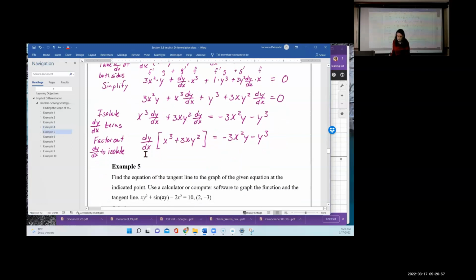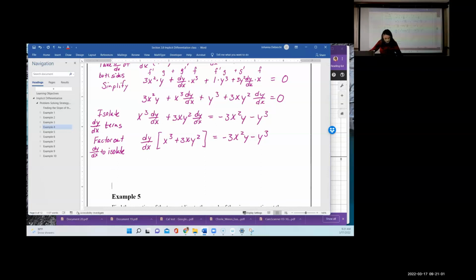Our final step then is to go ahead and divide both sides by the coefficient of dy dx. And this will give us our final formula for the derivative.